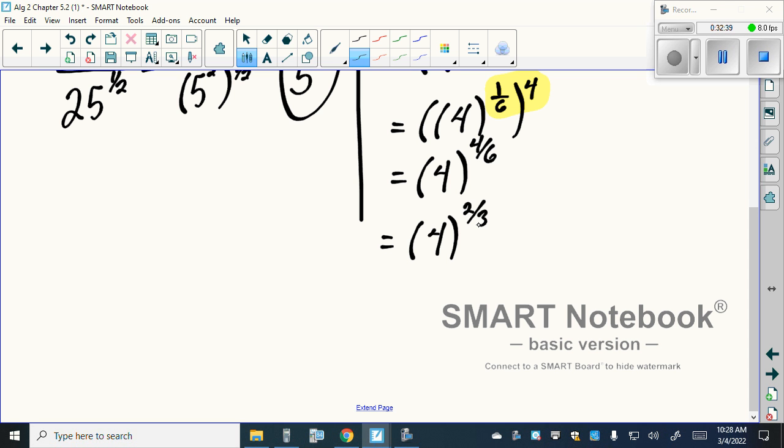Well, not anymore, right? Because the 4 on the outside already simplified that from 1/6 to 2/3. So even if I rewrote 4 now as 2 squared, that square and this 3 won't simplify anymore. So we can leave it as 4 to the 2/3.